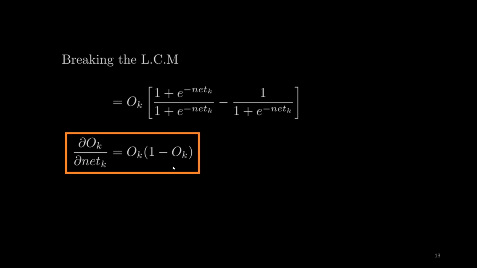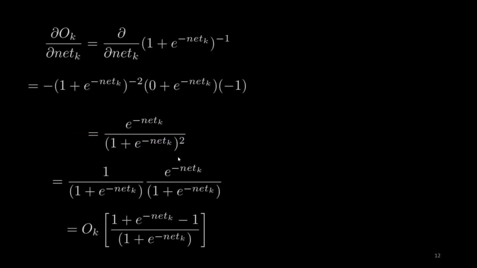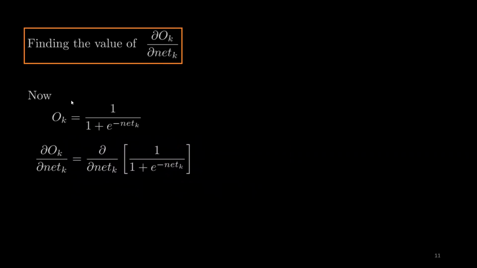So this is the simplification: if we take the derivative of the sigmoid with respect to net k, we will get the sigmoid times 1 minus the sigmoid. If we see, we started from here. That was our sigmoid. Then we take the first derivative with respect to net k. In order to take the derivative, we move this denominator term to the numerator.